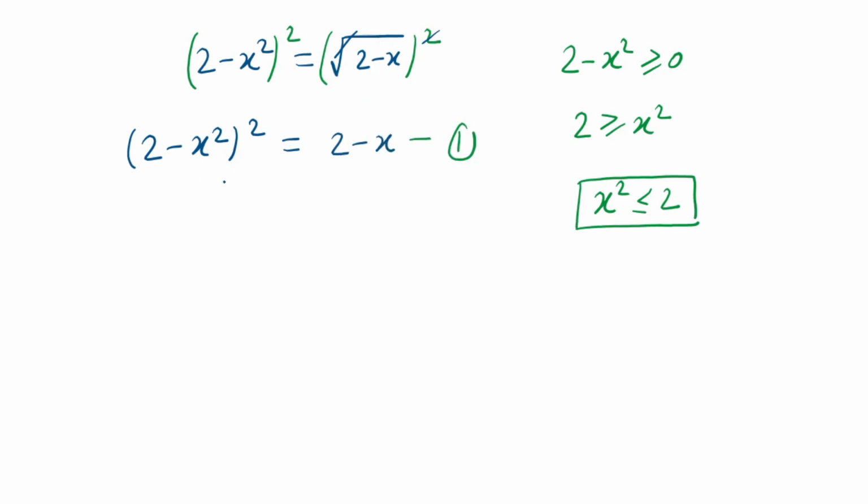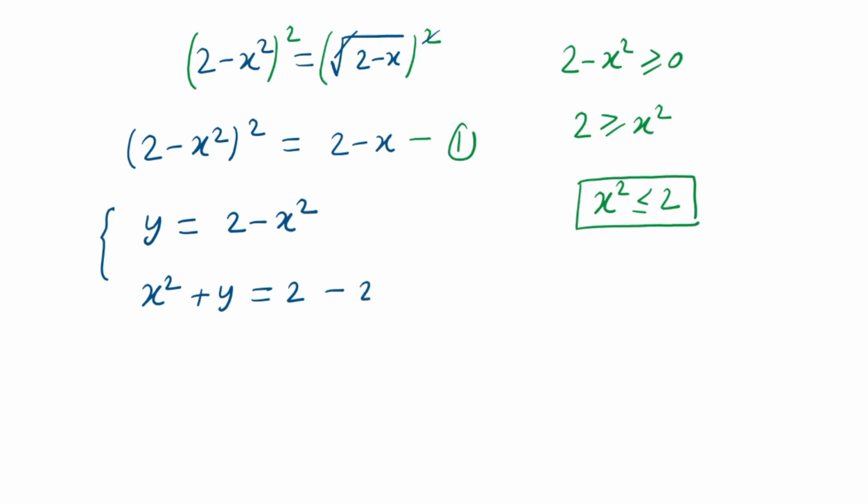We will apply a substitution. If we substitute y equals 2 minus x square, then moving x square to the left hand side, this is x square plus y, and this equals 2.